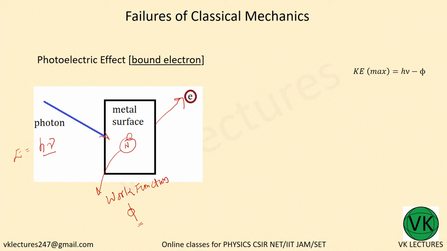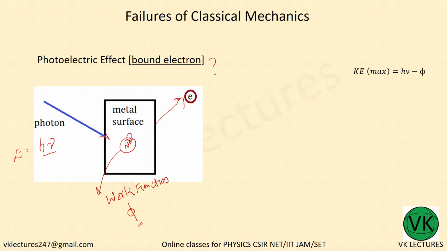Now when this photon falls on this electron, the electron will gain sufficient energy to overcome this potential, or the force exerted by the nucleus on that electron, and this electron will get ejected out. So this is basically the photoelectric effect. Now the question is, why is it a failure?